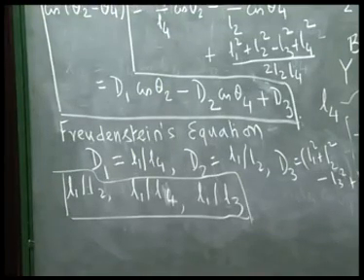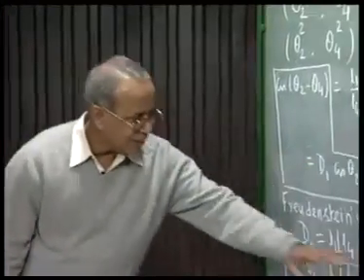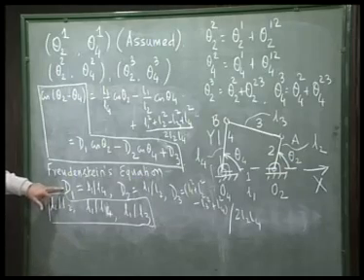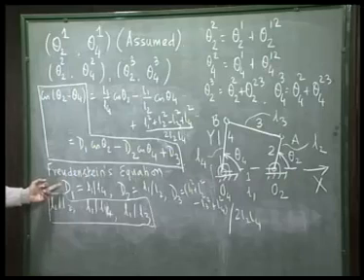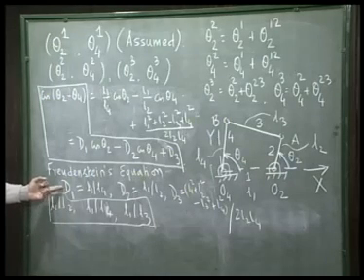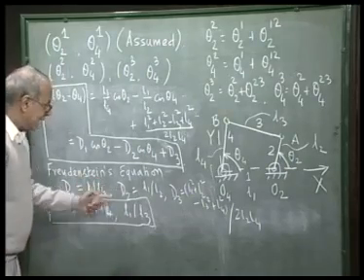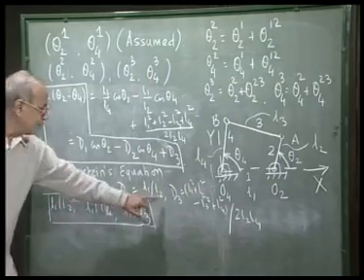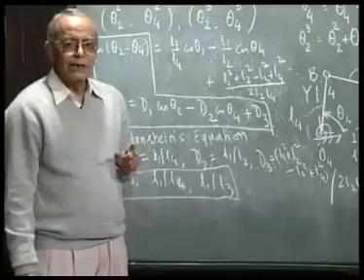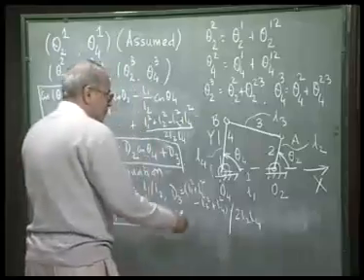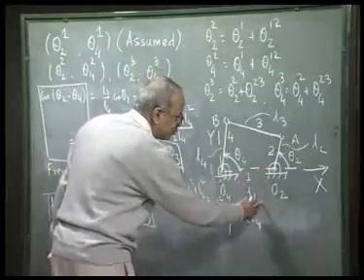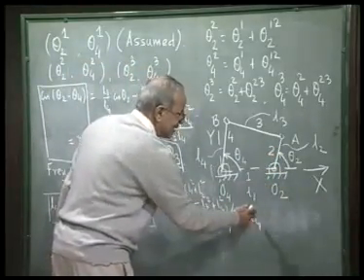At this stage, it may be worthwhile to recall that after solving this set of linear equations, d1 may turn out to be negative, so is d2. D2 may be positive or negative, d1 may be positive or negative. What does it imply? The negative values of d1 and d2 imply that this L2 and L4 have to be interpreted in the vector sense. That means, if L2 turns out to be negative, this theta 2 is theta 2 plus pi, such that L2 becomes negative.